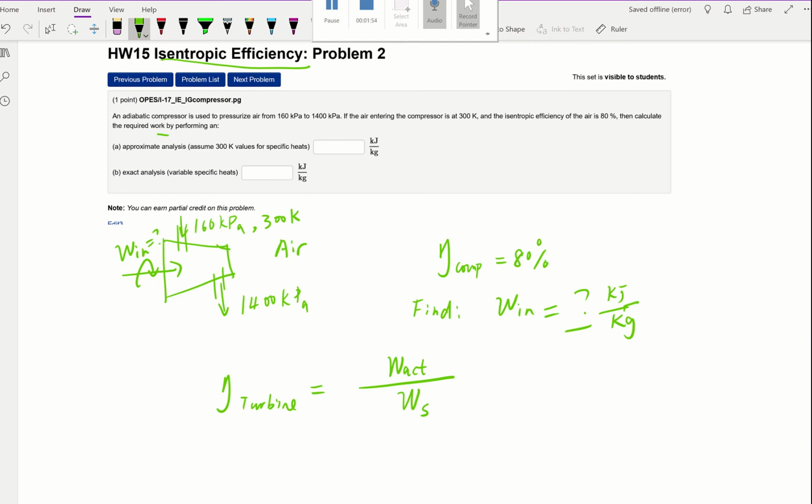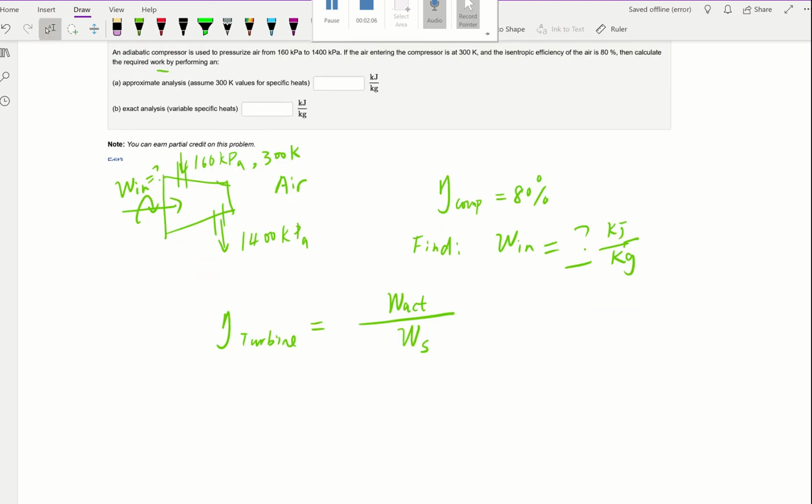In other words, if it's an isentropic process, that's how much work it would generate. That's our turbine isentropic efficiency. So knowing that, we can extrapolate it to figure out the isentropic efficiency for a compressor.